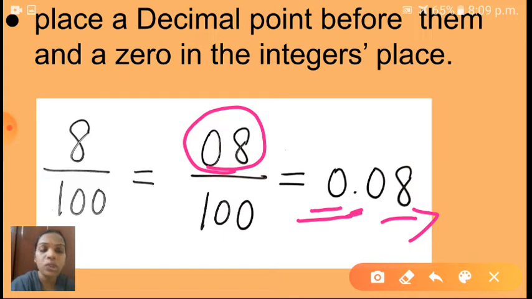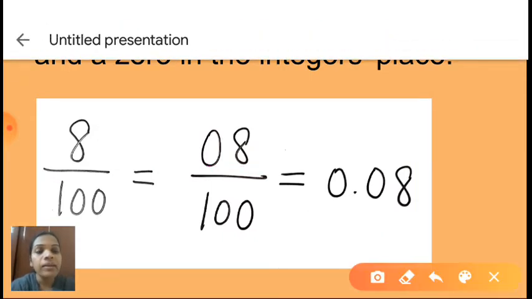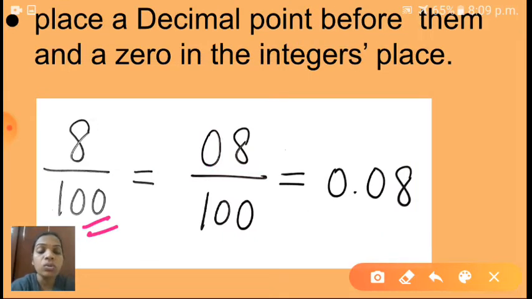So your answer is 0.08. Just mind how many zeros there are: 2 zeros, so after the decimal point 2 digits will come. So 0.08. When we solve the sums, it will be easy to know.